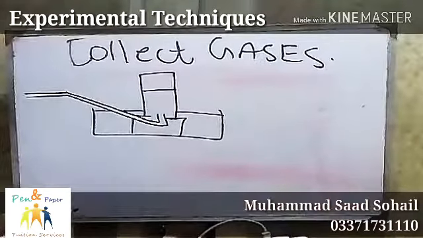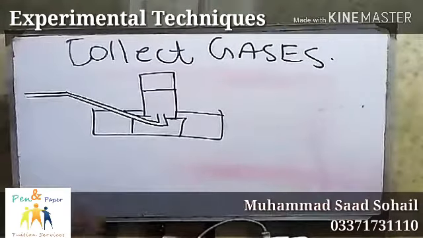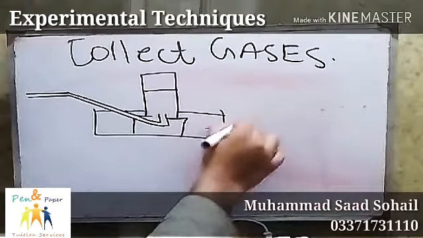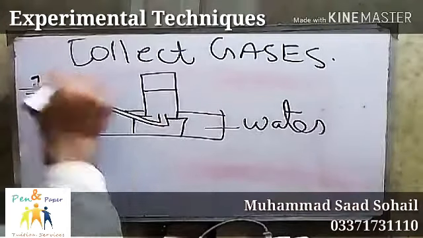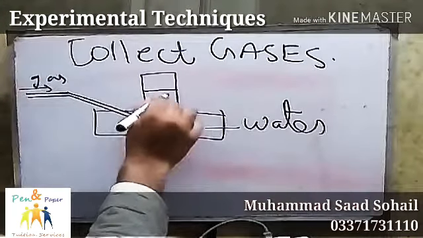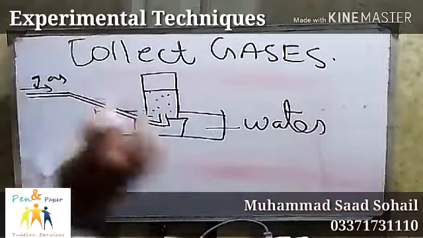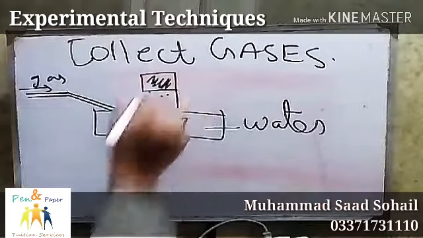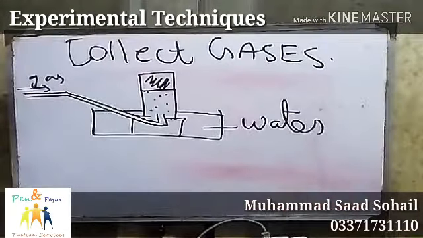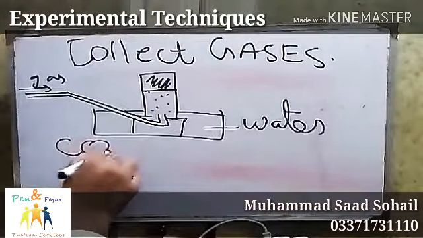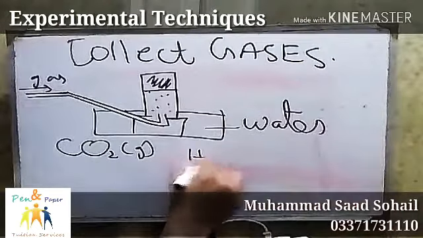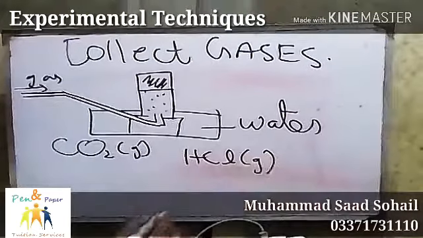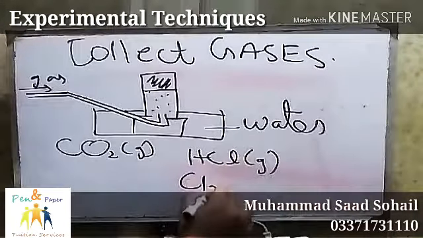Now this type of method can only be used to collect gases which are not very soluble in water, because this is water, and when you pass the gas from here, it should not react with water or dissolve in water, so that it can easily be collected here. Examples of such gases can be, let's say, carbon dioxide, CO2 gas. Another example would be hydrogen chloride gas, or you can also say chlorine gas.